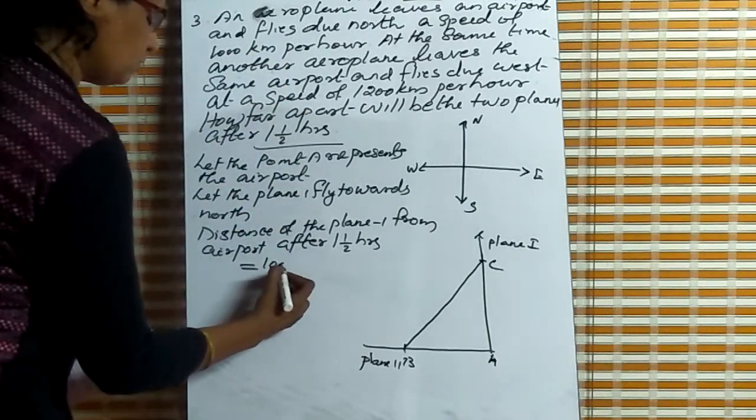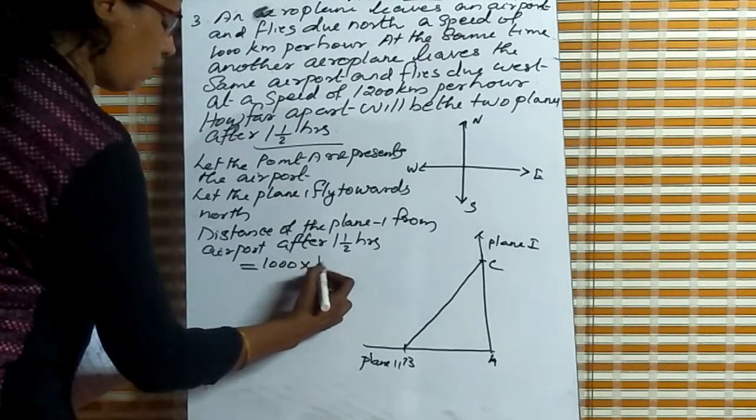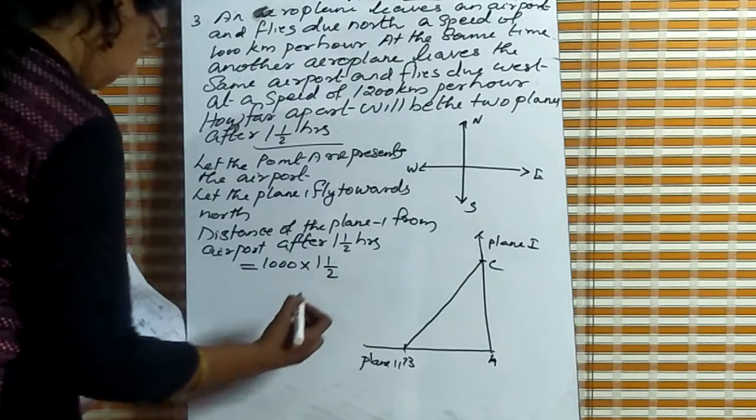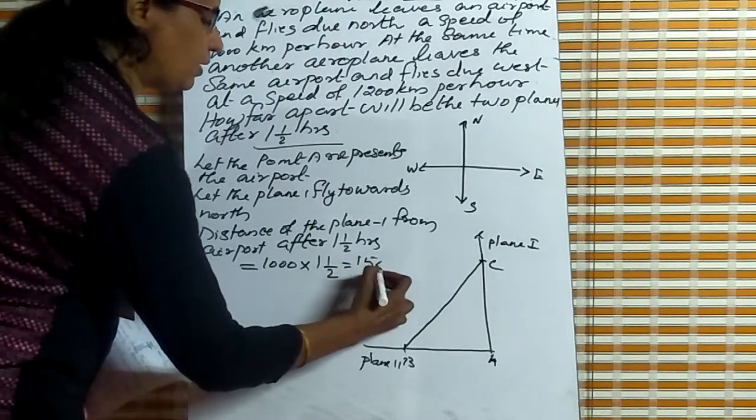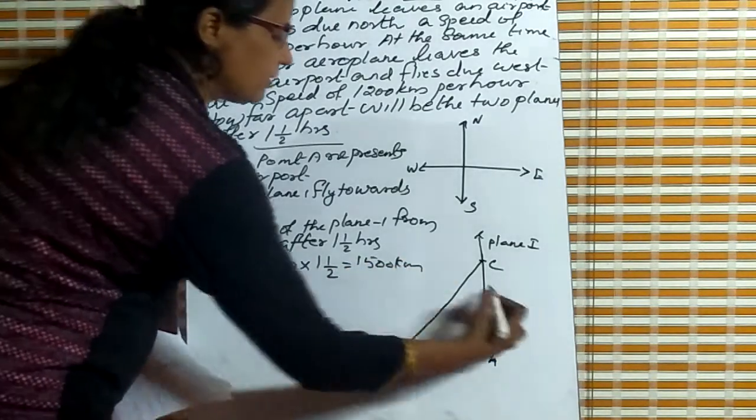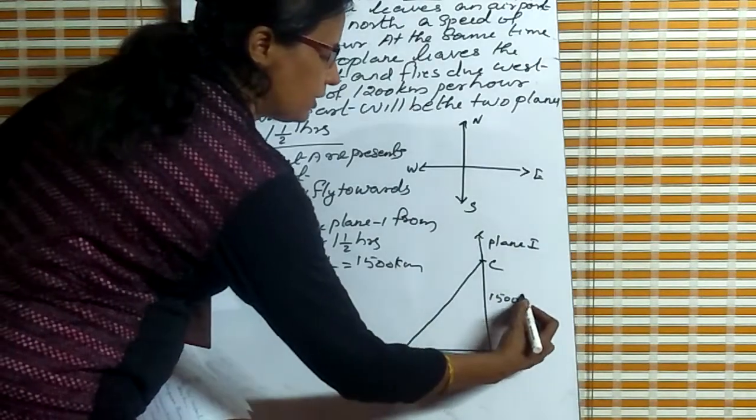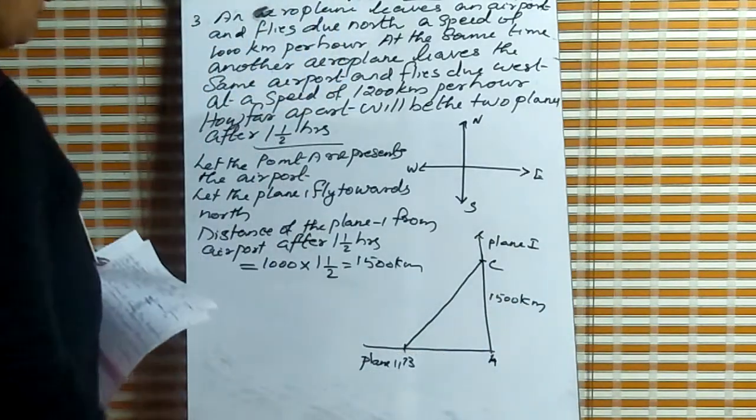Speed is 1000, so 1000 into 1.5 is equal to 1500 kilometer. This is 1500 kilometer.